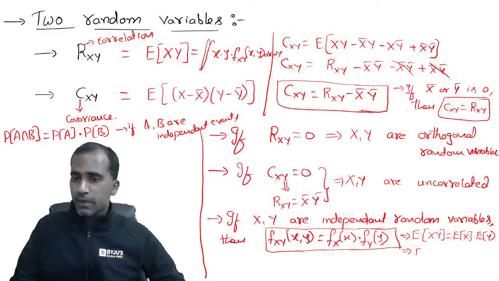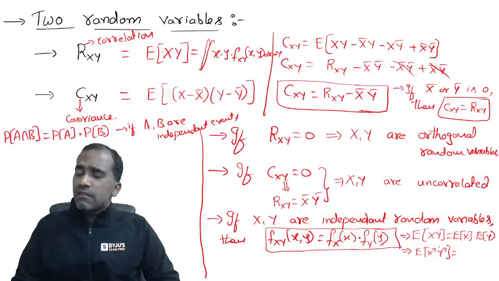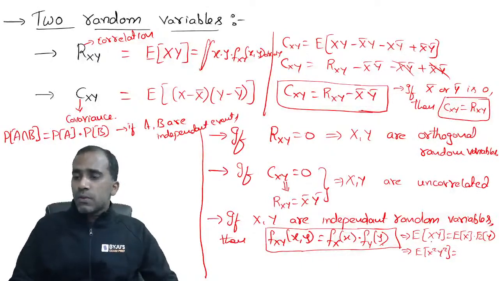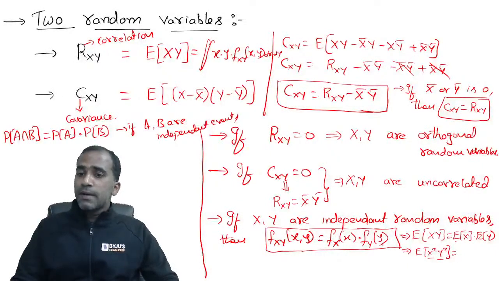Not only this will happen: if x and y are independent, then x square and y square will also be independent of each other. If two random variables are independent, their joint moment also will be equal to the multiplication of individual moments.